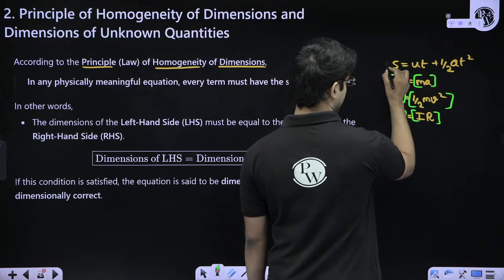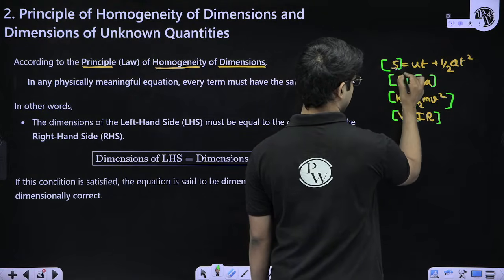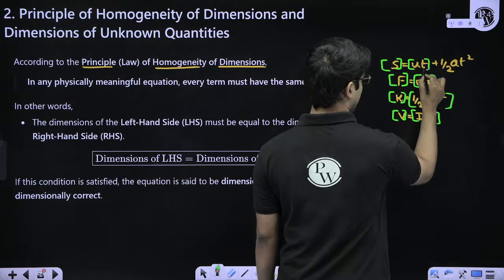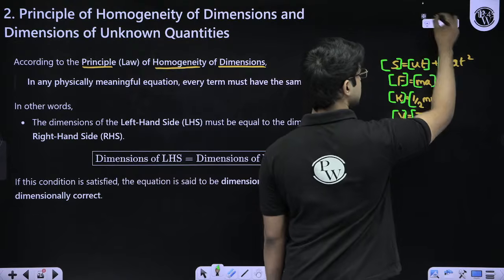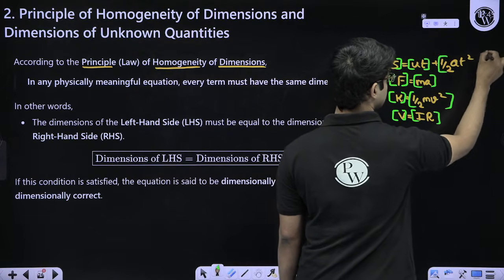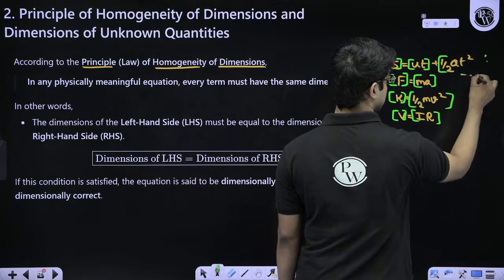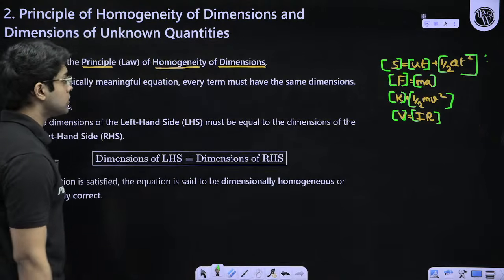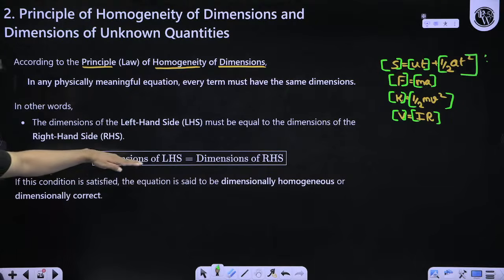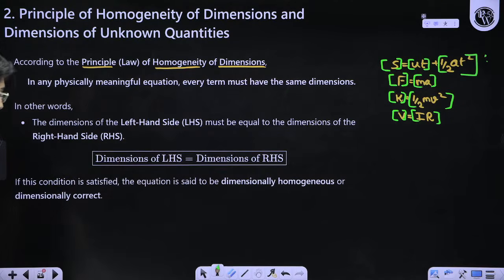Here the logic is slightly different. S has the same dimension as UT, and UT has the same dimension as half AT square. Okay, UT has the same dimension as half AT square. These terms must have the same dimension on the left hand side and the right hand side.